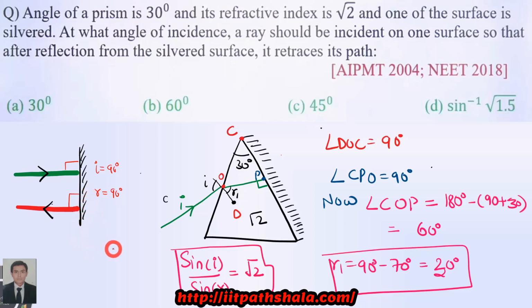So now let us make a ray. I have named it here as XO. So I'm incidenting a ray XO, which is going inside my prism, and it is incidenting at a point P at an angle 90 degree by the following logic. So that's how this ray can go inside the prism and will retrace its own path.